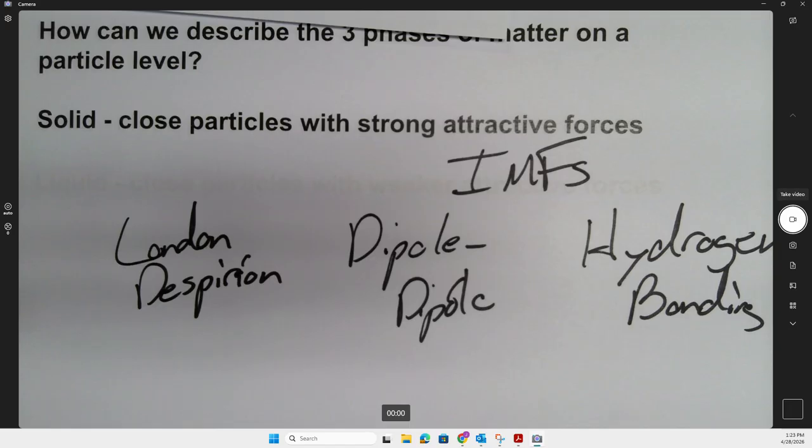Hydrogen bonding only forms when there's a very strongly electronegative element like oxygen or fluorine attached to something that's not, like hydrogen. It allows for that interaction of a neighboring hydrogen to a neighboring oxygen or fluorine. But these were the three IMFs that we talked about.